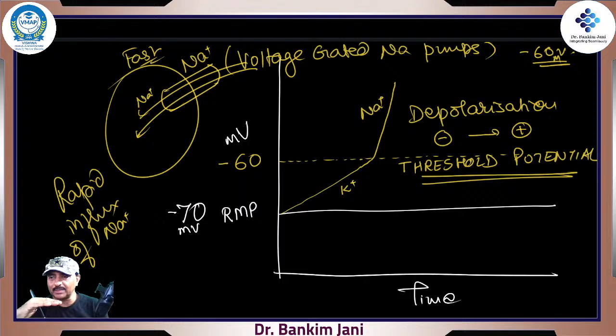The moment water touches that sensor, the pump stops. This is exactly like it. At this threshold potential, even if there is 1 millivolt less, it won't work. The moment it hits that, it starts working. So this is what really happens in this case. This is normal.